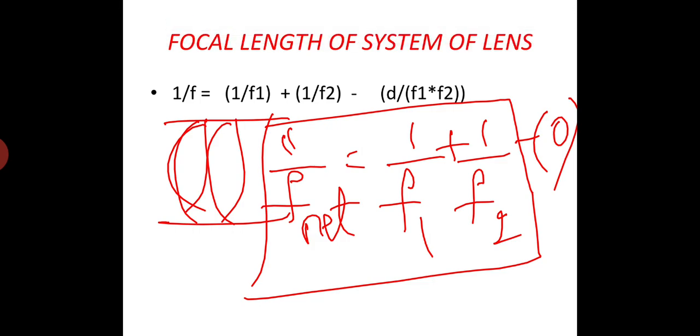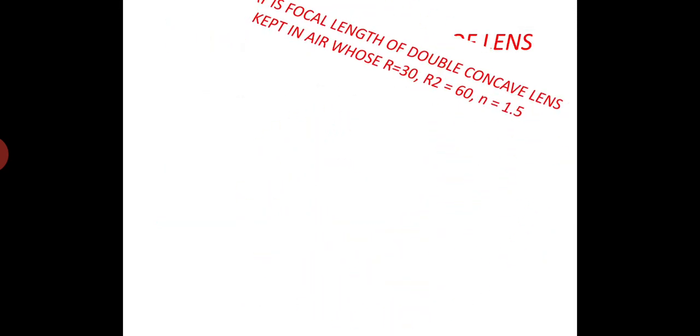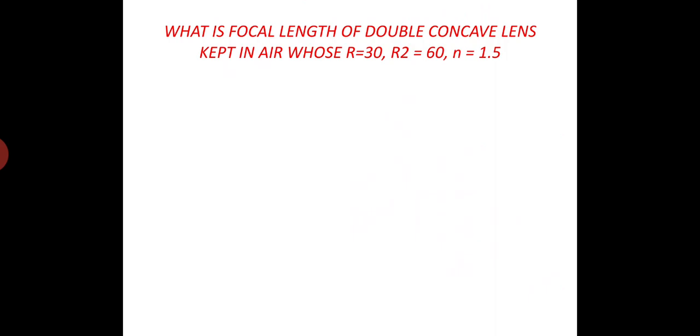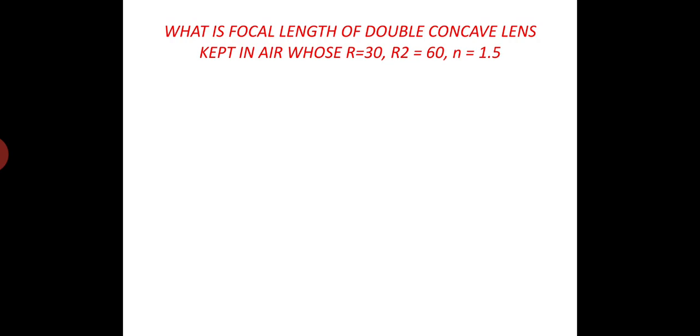Next, what is the focal length of a double concave lens kept in air, whose r1 is equal to 30 centimeters, r2 is equal to 60 centimeters, and refractive index n is equal to 1.5? Now we need to find the focal length.